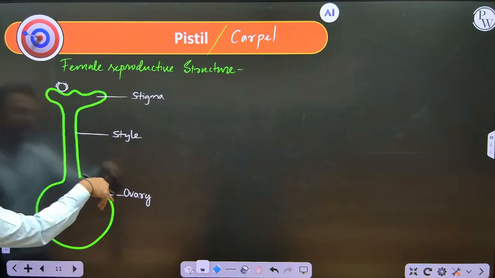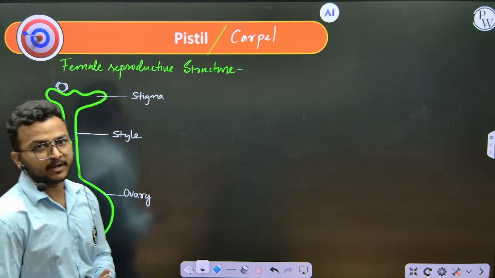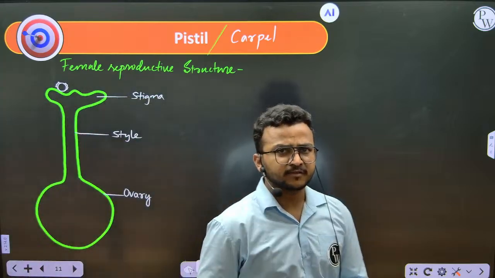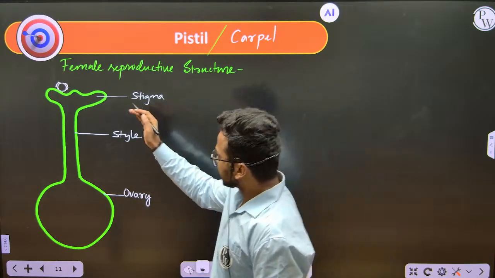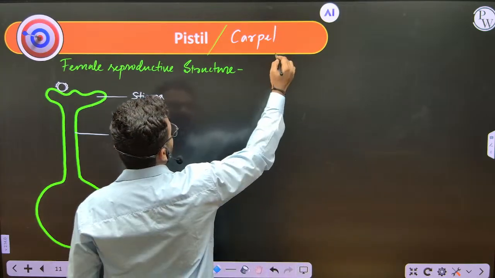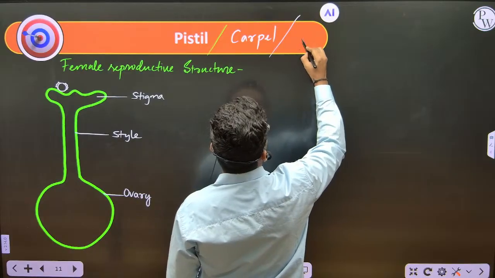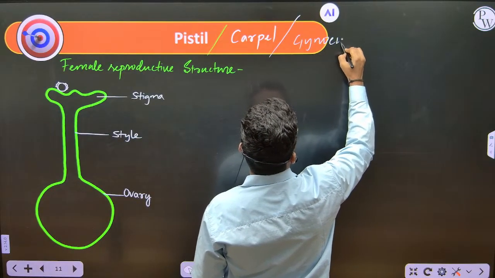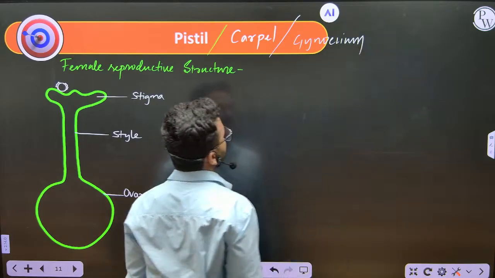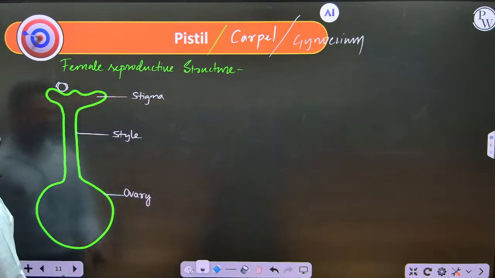So together it forms a pistil or carpel. Pistil and carpel are the same, the female reproductive structure. We can also call this the gynoecium.